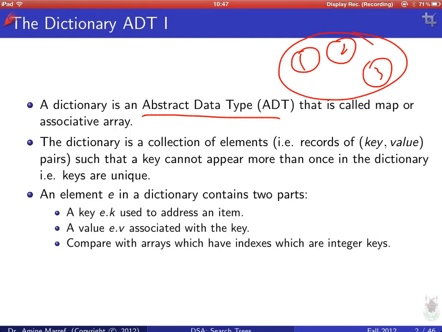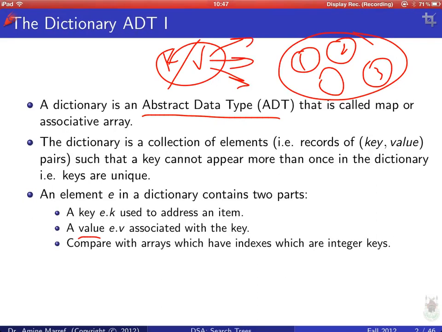There is no such thing. If we say delete the element with key 2, the dictionary becomes what is left after deleting 2. If we say insert the element with key 4 and value whatever, then we add the element 4, which has a value in it as well. So these are just the operations and what happens to the dictionary.